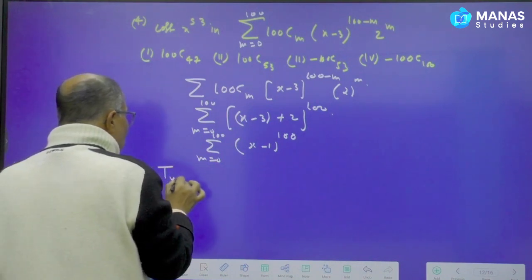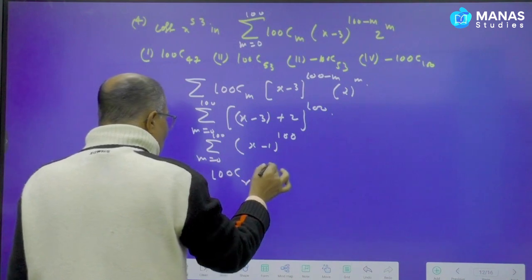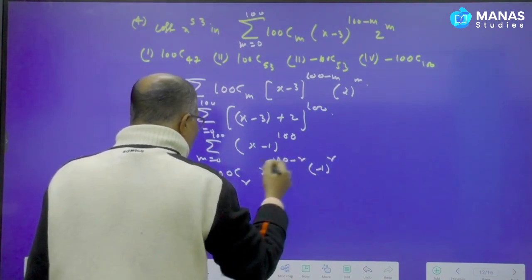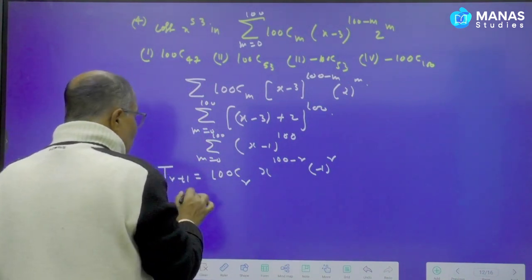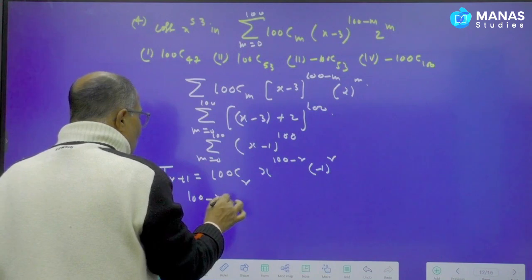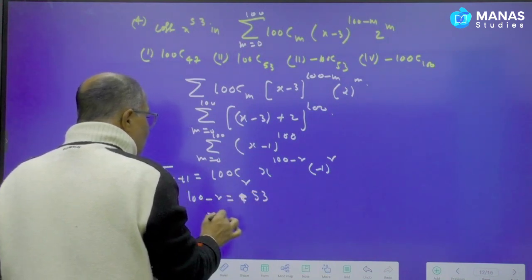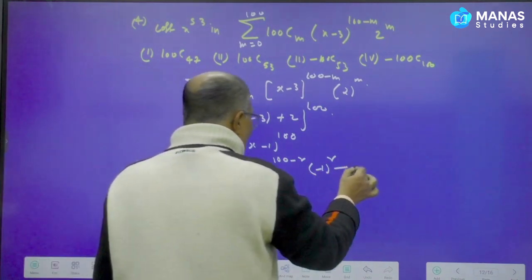So tr plus 1 is equal to 100 cr x to the power 100 minus r multiplied by minus 1 power r. For the coefficient of x to the power 53, 100 minus r equal to 53, so r is equal to 47. Substitute in equation number 1.